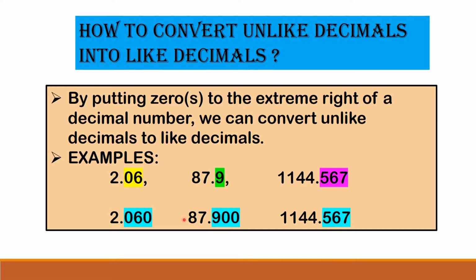So this again changes to three decimal places, and this already has three decimal places. The maximum decimal places is in this number only, 1144.567. Now you can see all these three numbers have the same number of decimal places, that is 3. So you have changed these unlike decimals to like decimals.